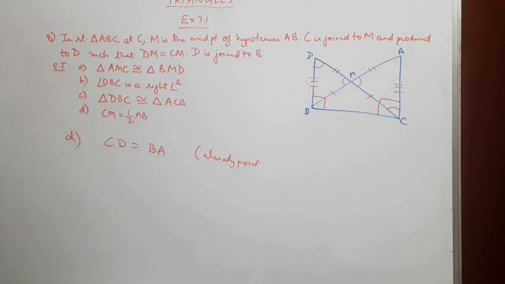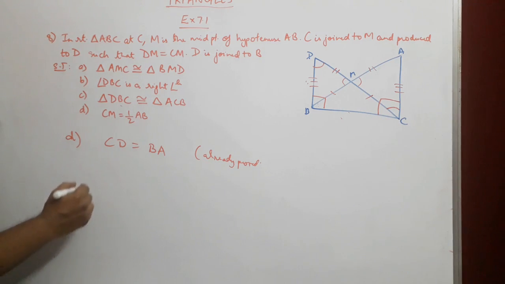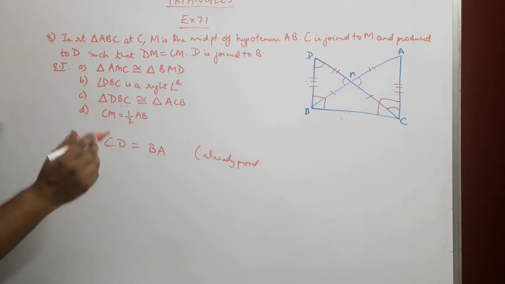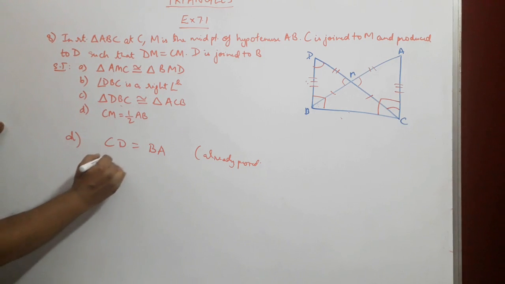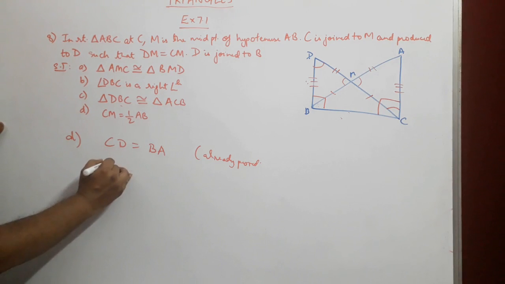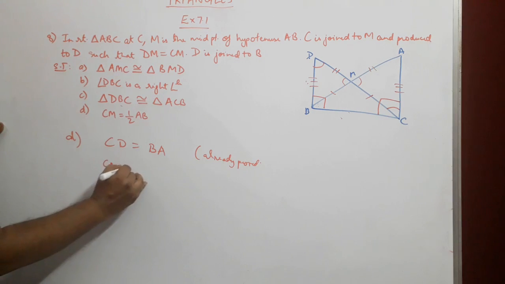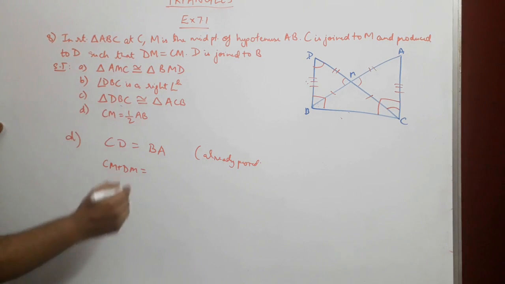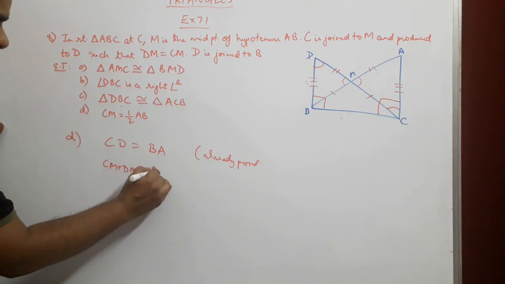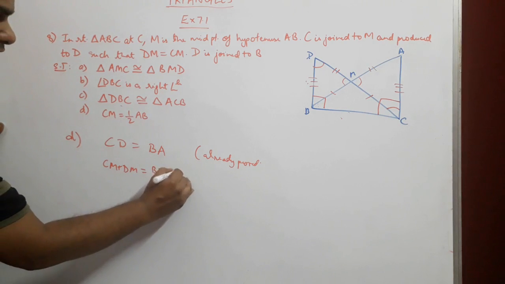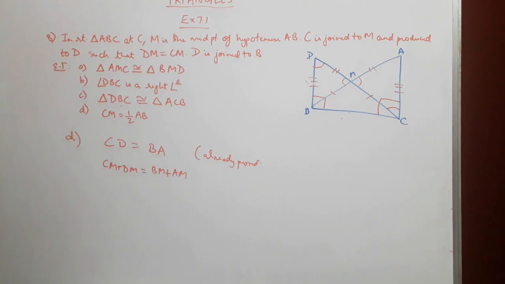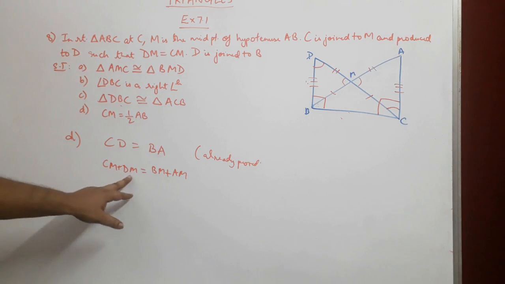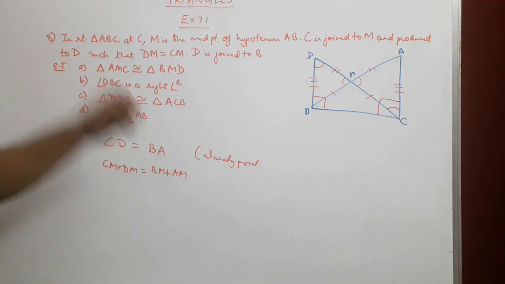Now CD consists of what? CD consists of CM plus DM. Similarly, BA consists of BM plus AM. Okay, now we know that CM is equal to DM and BM is equal to AM.